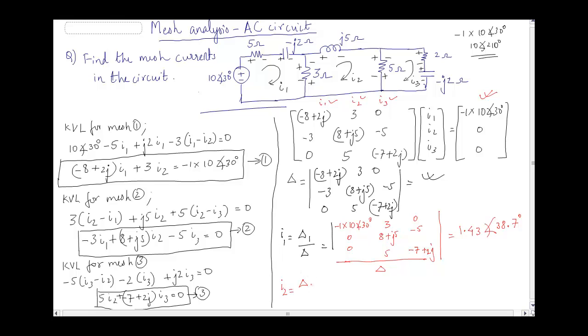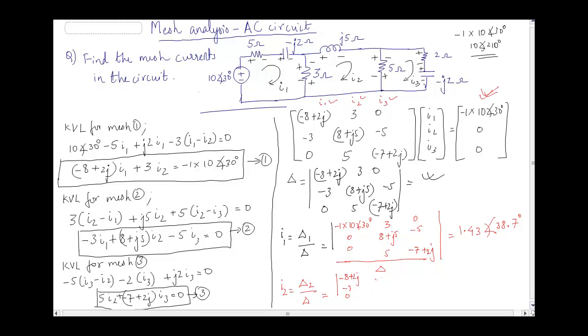Similarly, I can find out I2. I2 will be found out by delta 2 by delta. Now what is delta 2? Delta 2 is obtained by replacing the I2, the second column, with this column. So I will get minus 8 plus 2j, minus 3, 0.